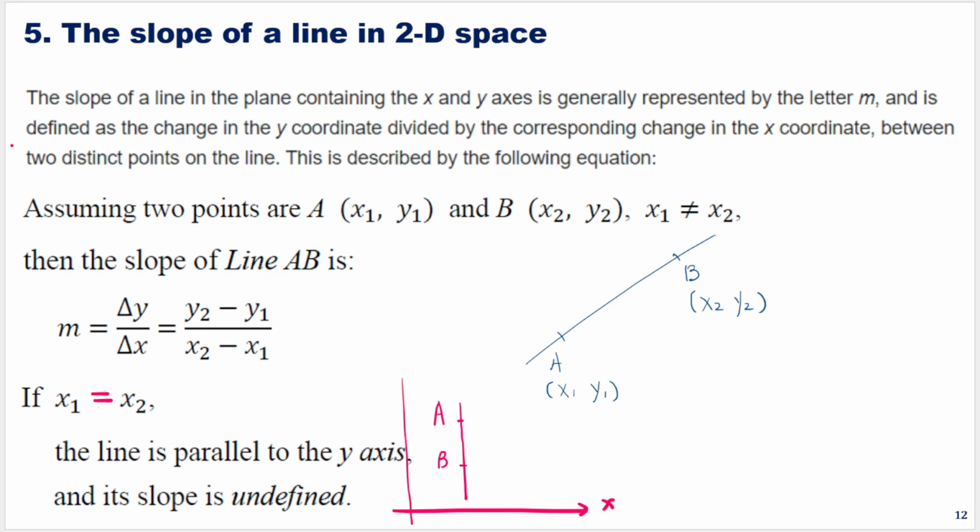So we don't care about the position of y-axis as long as x1 equals x2. We have AB is perpendicular to x, or AB is parallel to y-axis, right? In that case, we have delta x equals 0. We don't have 0 as denominator, right? Therefore, in that case, the line is parallel to y-axis and its slope is undefined because we cannot have 0 as denominator. Do you get it? This is the concept of slope of a line in two-dimensional space.